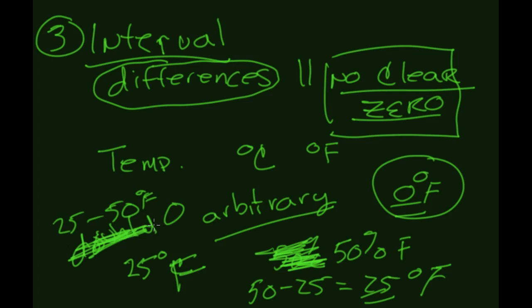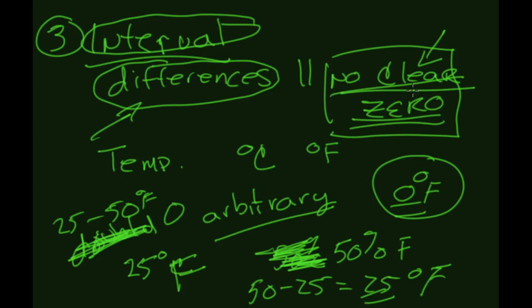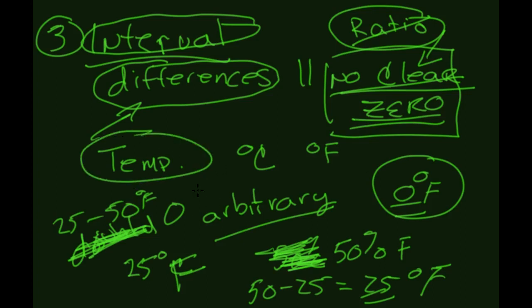So I'm on the interval level because differences make sense, but there's no clear natural zero, and I don't have an option for making ratios to say something is twice as much or 3 times as much. The clearest example I can think of where differences matter but there's no clear zero would be something like temperature.